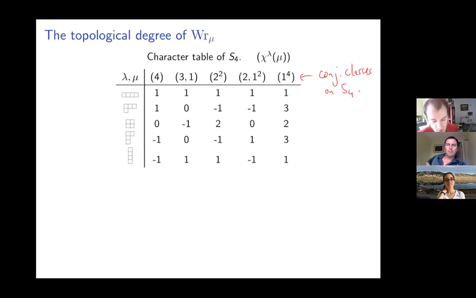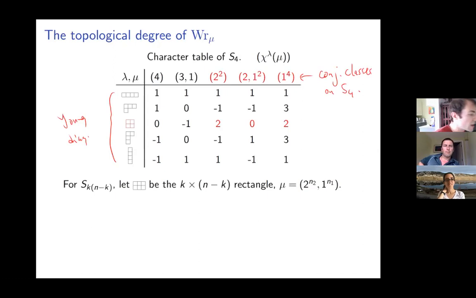And over here, we have the Young diagrams with 4 boxes. And we're going to be zooming in on the rectangular Young diagram. And we're only going to consider conjugacy classes of 2s and 1s. So these are like the cycle type of our partition. So remembering that a 2 is going to mean a complex conjugate pair of roots, and a 1 is going to be a real root.